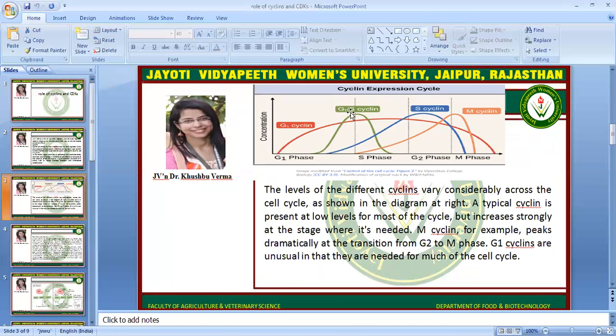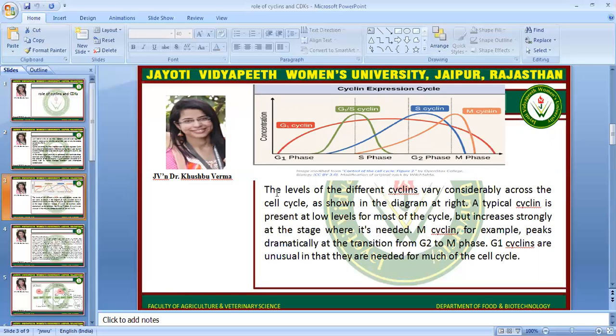G1/S cyclin is at its high peak at S phase, S cyclin is highest at G2 phase, and M cyclin is highest at the M phase. So levels of different cyclins vary considerably across the cell cycle, as shown in the diagram at the top.